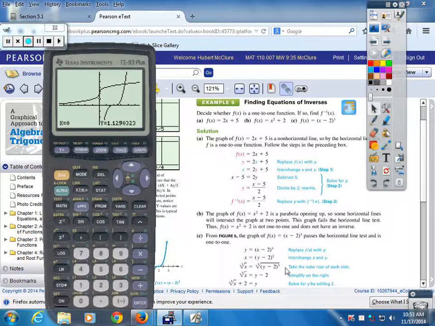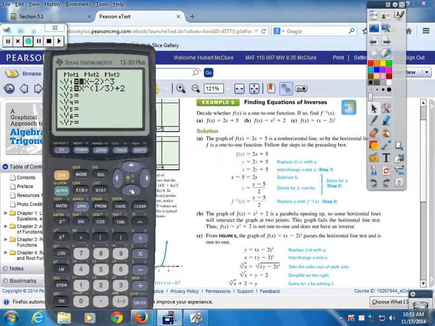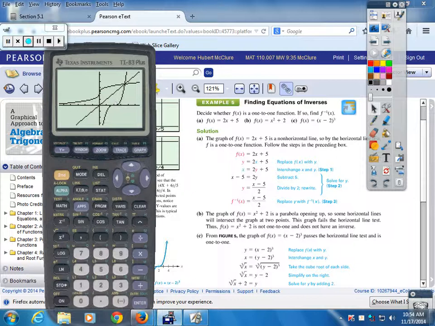Hold on. Y is equal to X. What does that look like? Kind of like they flip-flop each other? That's what you're supposed to be seeing.